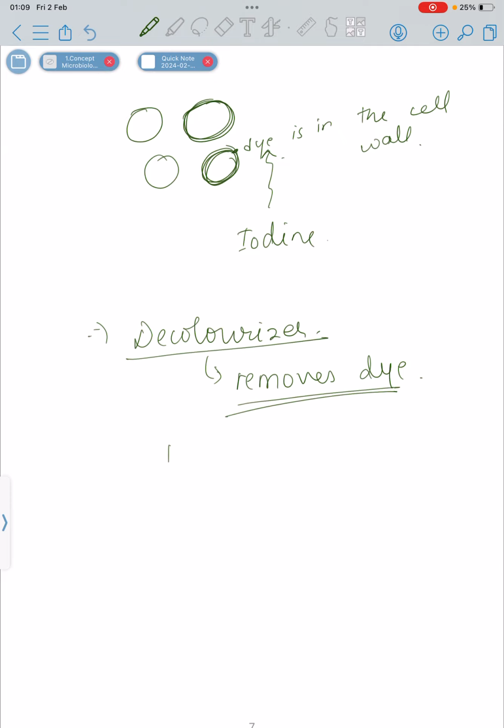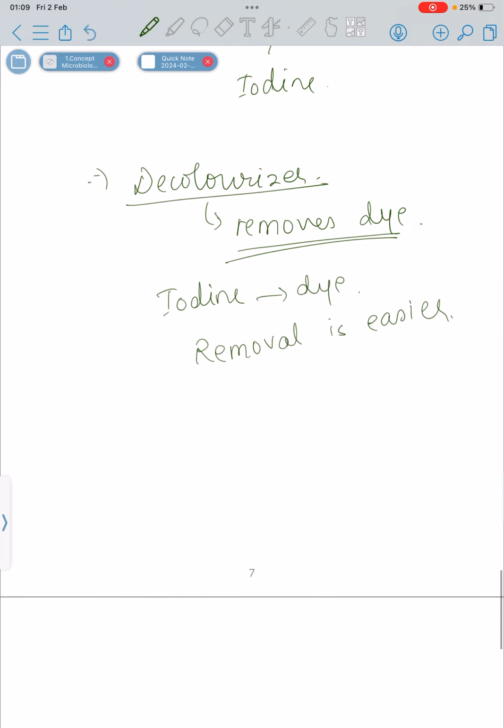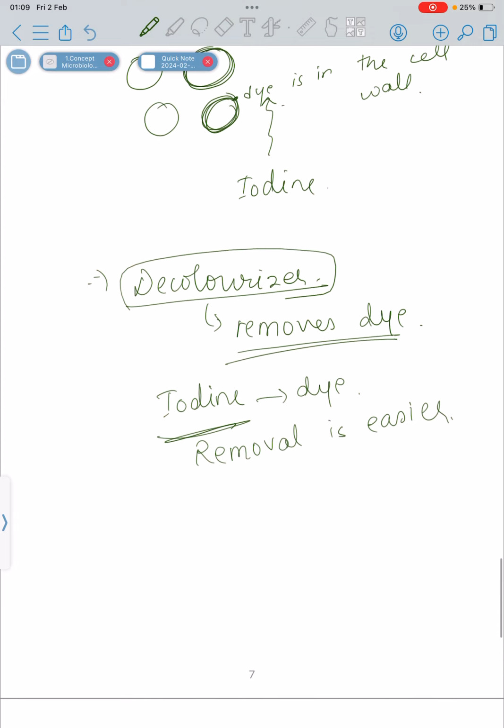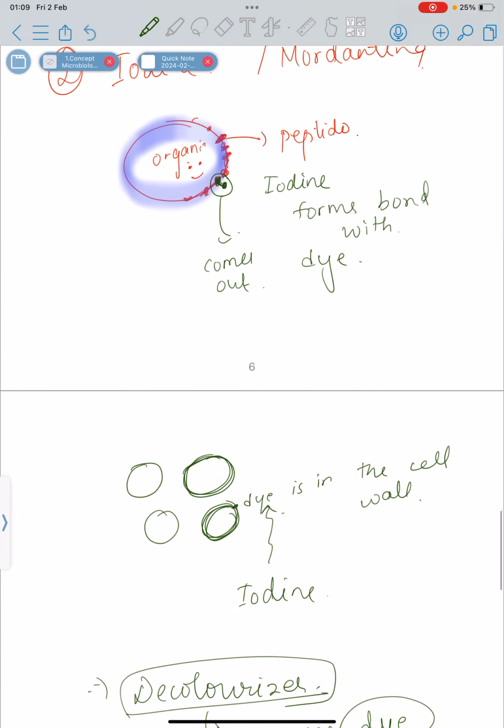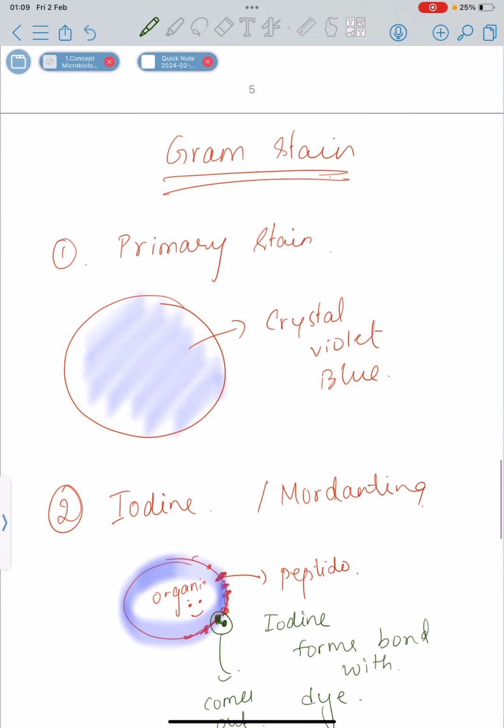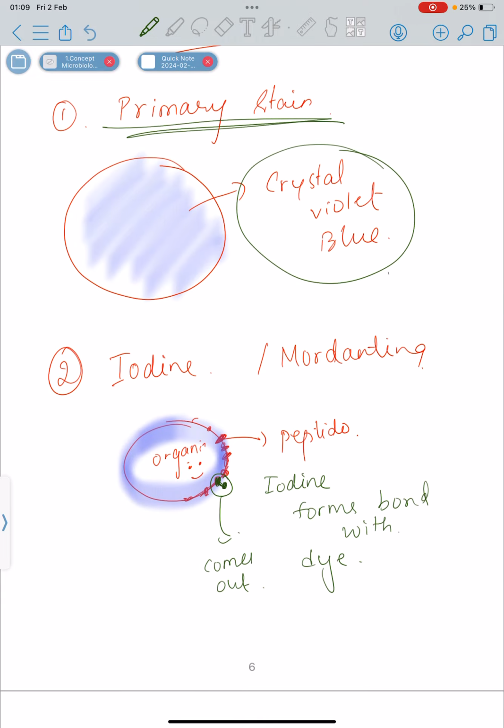But the role of iodine is that it forms a bond with the dye, because of which removal is easier. Without iodine, the decolorizer would not be able to remove the dye. Clear? Okay. So the first step is to put the primary stain, crystal violet blue, which is taken up by the cell wall.